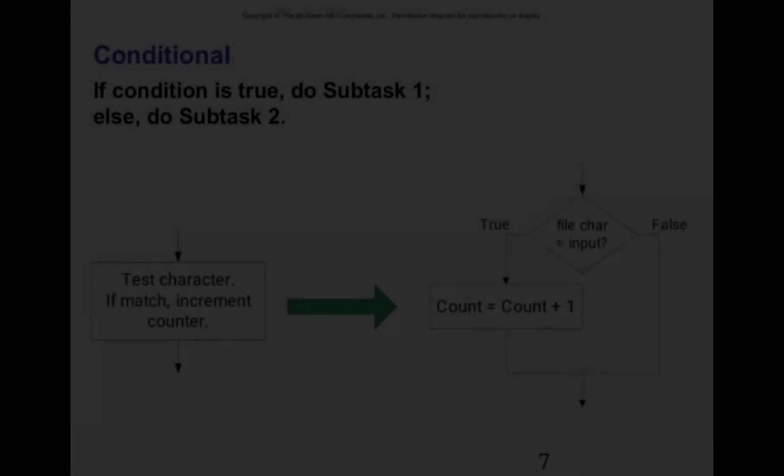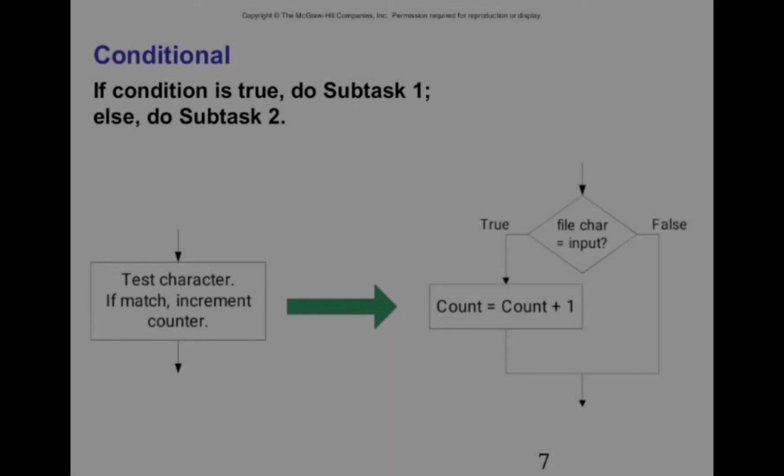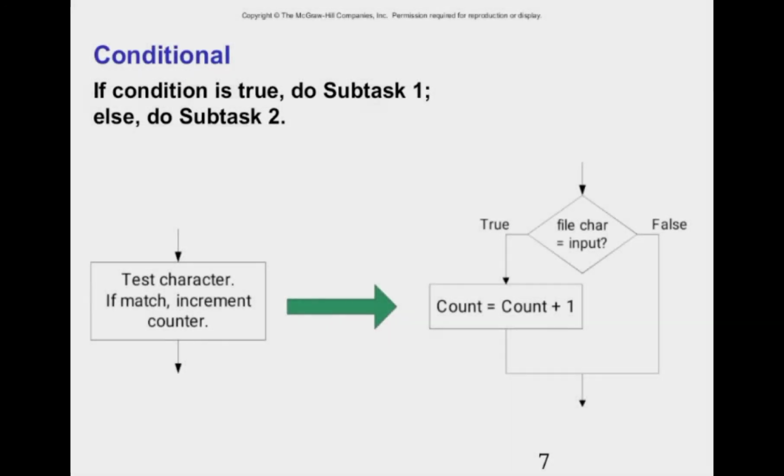The conditional construct is used when the task consists of some subtasks such that only one of them needs to be executed, but not all, depending on some condition. If the test condition is true, we carry out one subtask. Otherwise, we carry out the other task, but we never carry out both tasks. Once one of these subtasks is executed, we never go back.